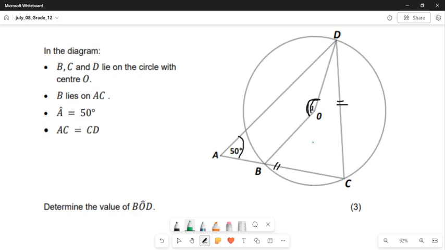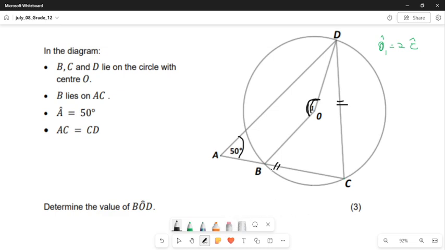So the relationship between these two angles, in other words, angle O1, which is angle BOD, is twice angle C. Angle at the center is twice the angle at the circumference. However, we don't know what this angle is, but we can find out.